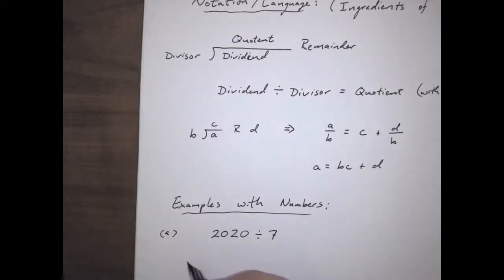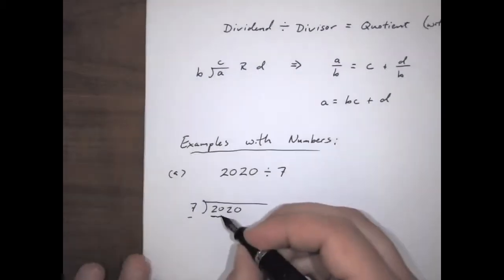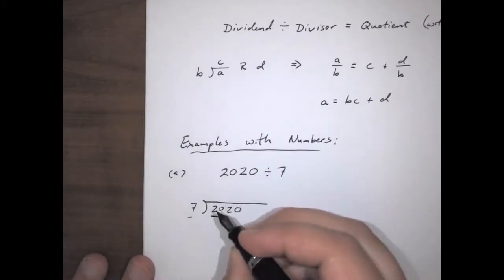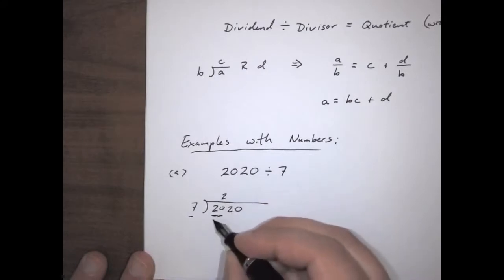So you would write 7 dividing into 2020. If you remember, you look at this and see whether it goes into 2. And if not, you see whether it goes into 20. And if so, you figure out how many times. So 7 times what is the maximum we can get without going over? It's Price is Right rules here. So we can do 2 sevens before we exceed it.